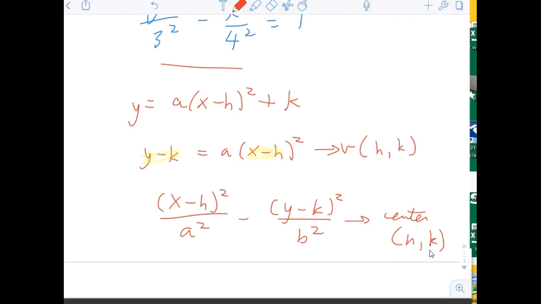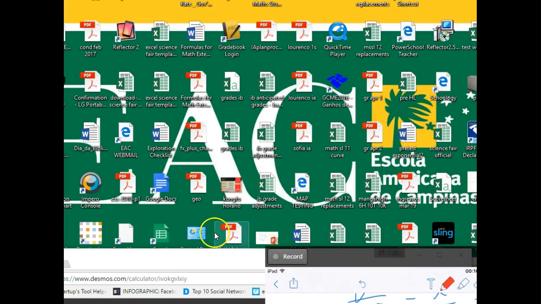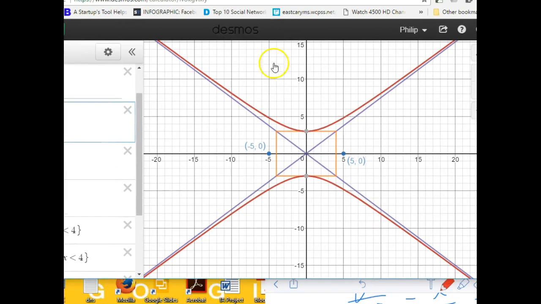Now, the center of the hyperbola is not the vertex. Let's take a look at the picture of the hyperbola once again. So this would be the center value, and you can see at the center of the hyperbola there's really nothing there, right? It's the center of our orange rectangle. It is where the asymptotes intersect, but the hyperbola itself is this red curve, and the red curve does not go through the center.